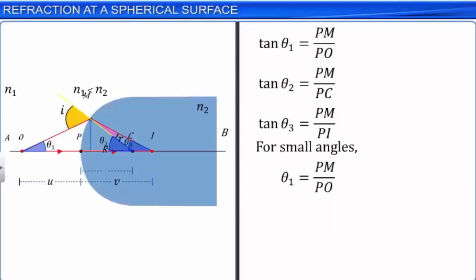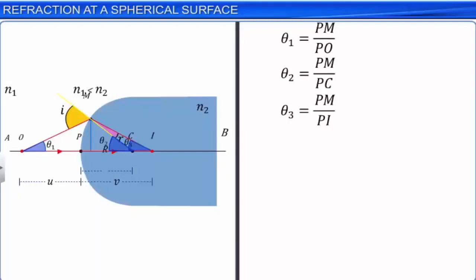Similarly, for the triangle MIC, theta 2 is the exterior angle and is equal to the sum of r and theta 3, or r is equal to theta 2 minus theta 3. This can also be written as r is equal to PM by PC minus PM by PI. Let this be equation 2.